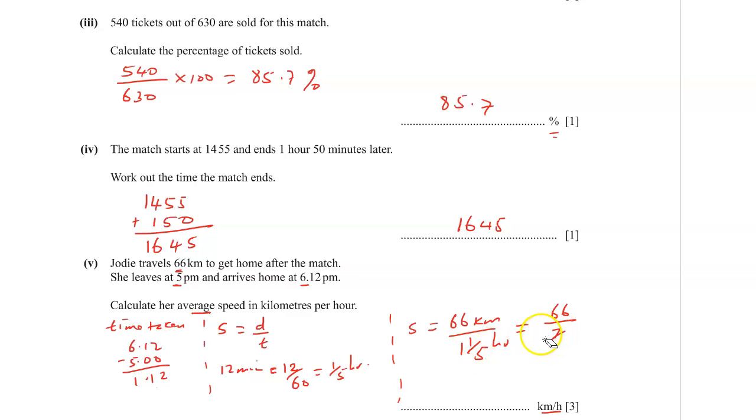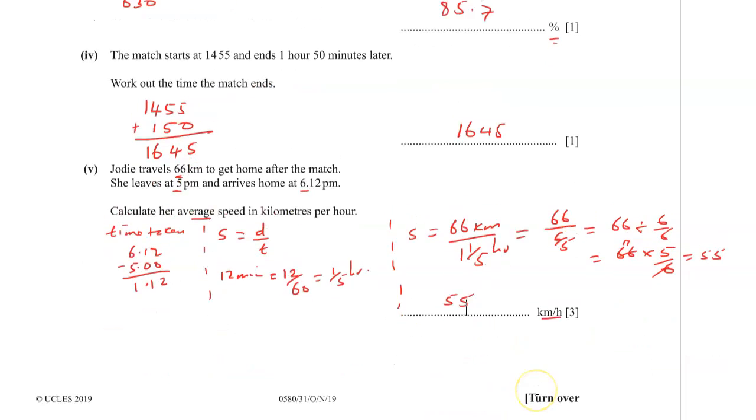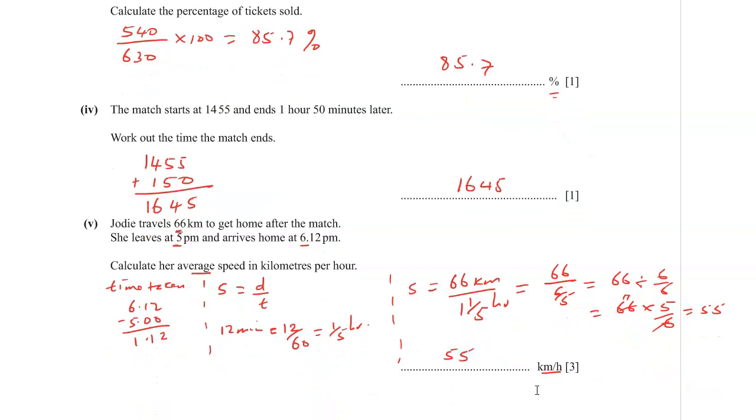This is 6 over 5. This is the same as 66 divided by 6 over 5, which is the same as 66 times 5 upon 6. Cancel this 11, so there's going to be 55. So our speed is 55 kilometers per hour. Very good.